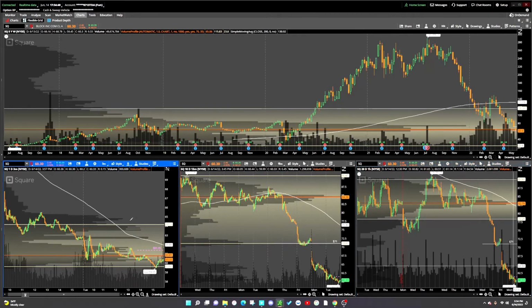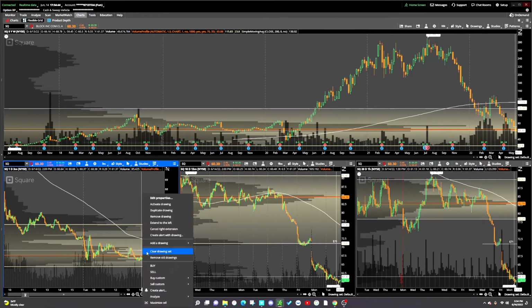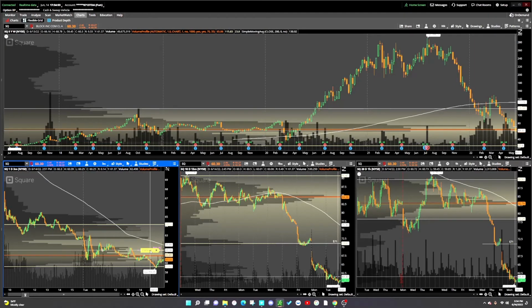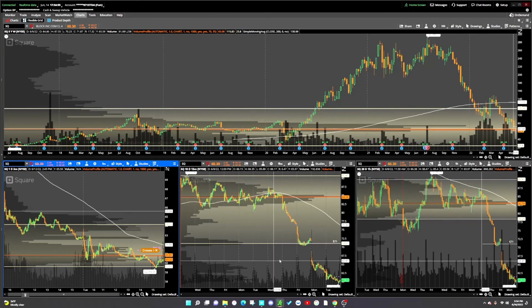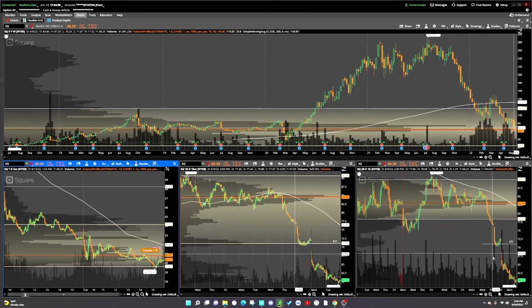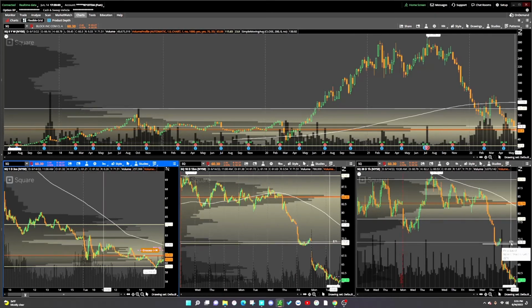And I will also create an alert at this 61.35. I want to know if it crosses above. Okay. And crosses above, purchase the call, target to 71.